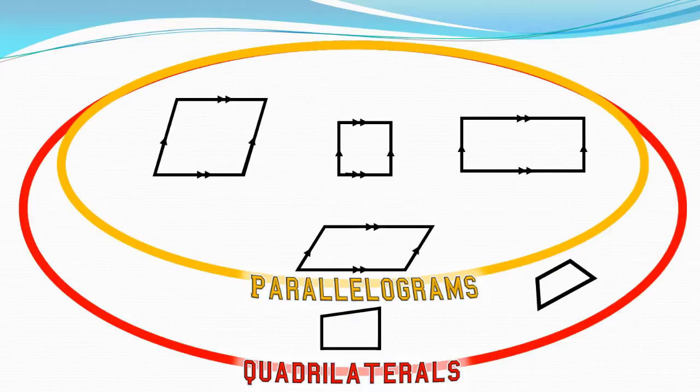We know from our studies with angles that parallels cut by transversals create specific and important angle relationships. All of the opposite angles in all of these shapes are congruent. The opposite sides are parallel and they're also all congruent.